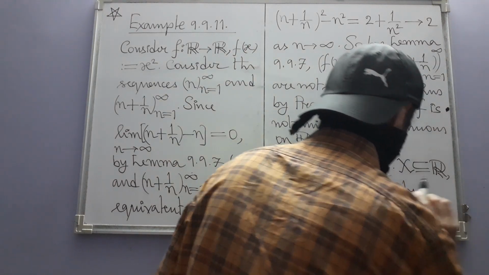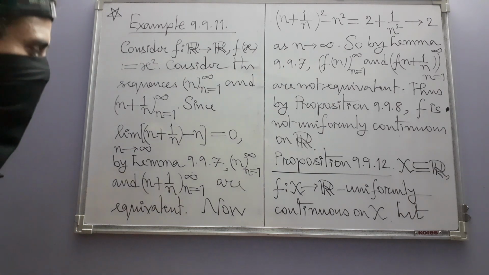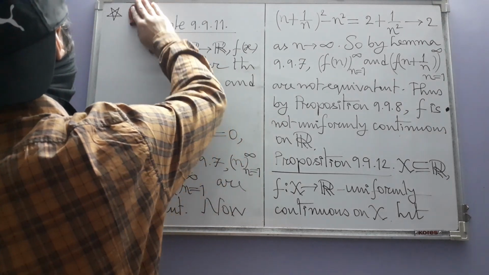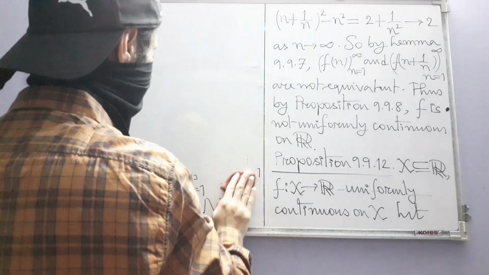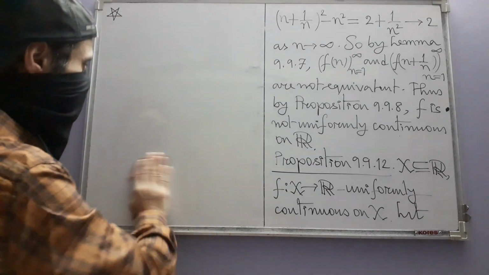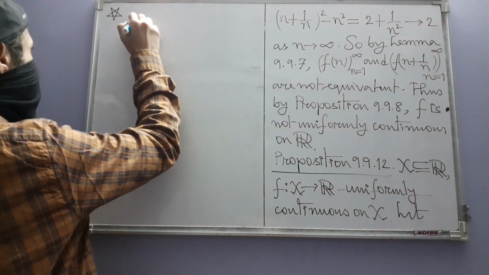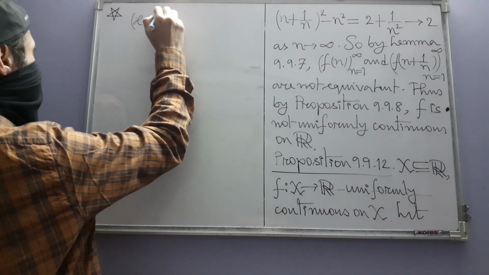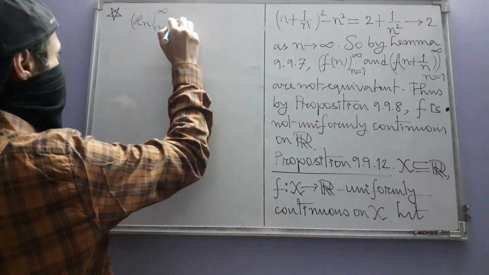Let, so now we are going to consider a Cauchy sequence of elements in the domain X. Let Xn, for some reason the author has started n with 0, but you can put any integer here, it does not matter.